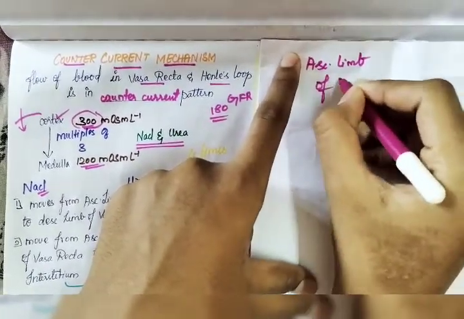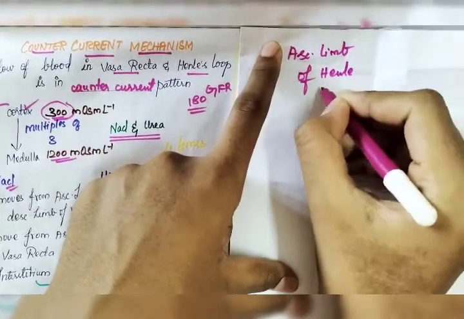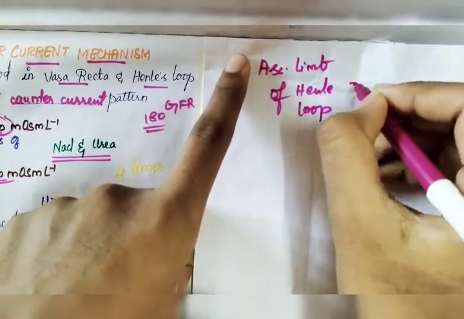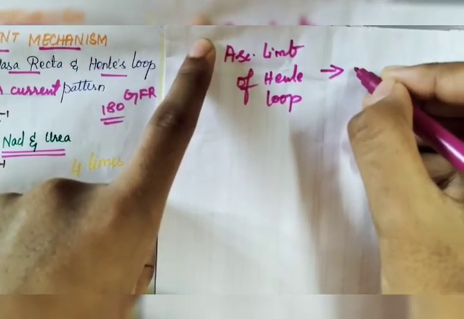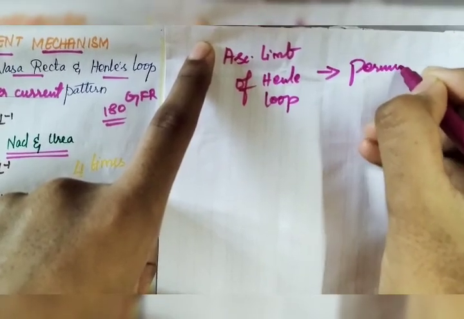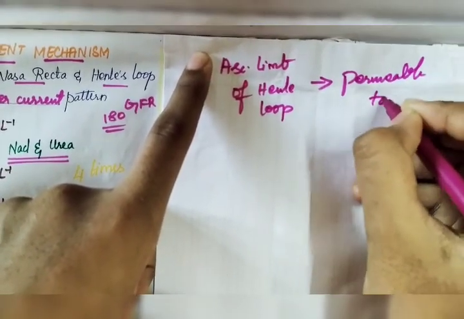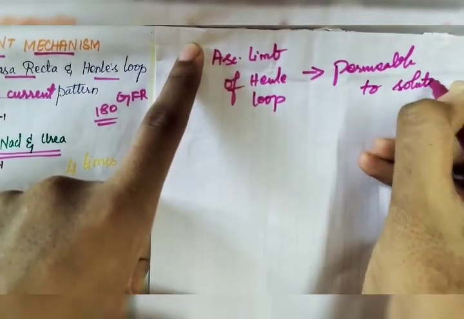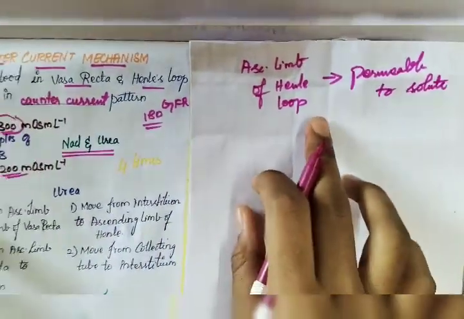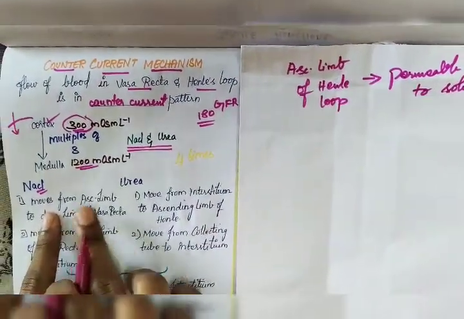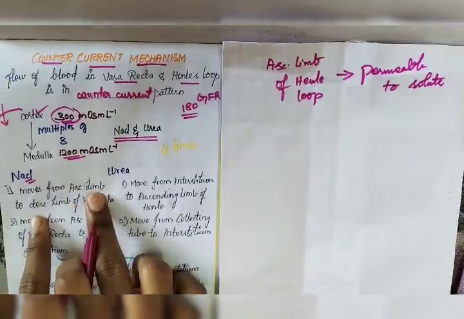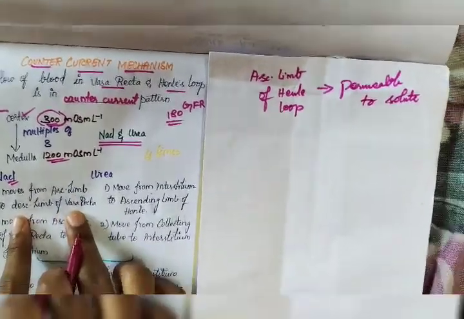The ascending limb of Henle's loop is permeable to solute. So the sodium chloride flows from the ascending limb of Henle's loop to the descending limb of the vasa recta.